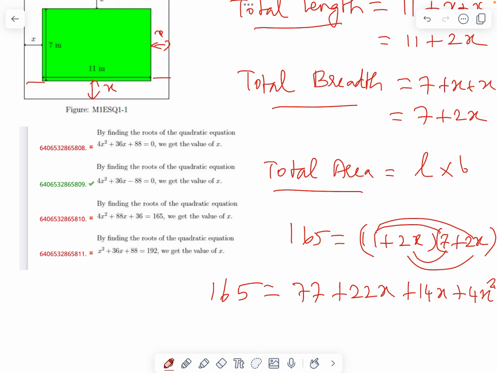So 165, and the 77 stays as it is. Next the 22x plus 14x, what is that? It is plus 36x, plus 4x square. That is what remains.